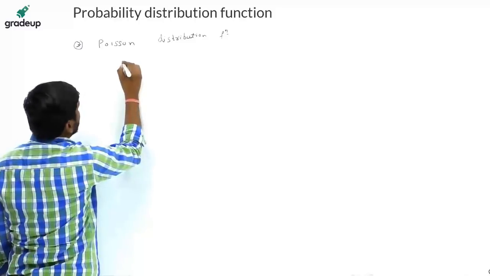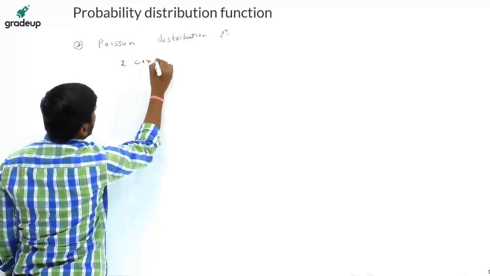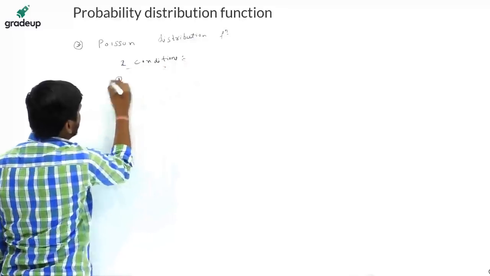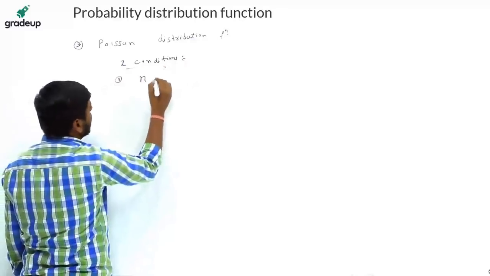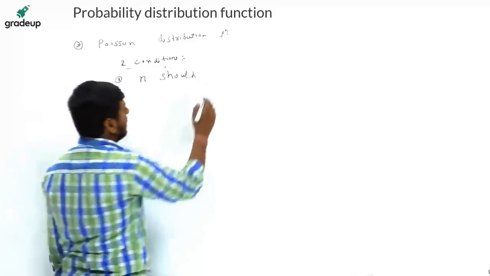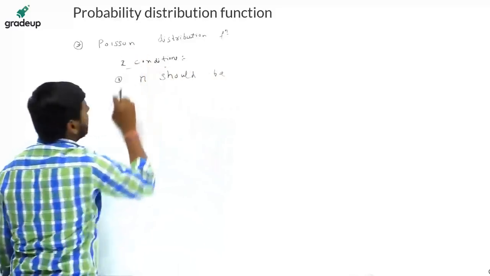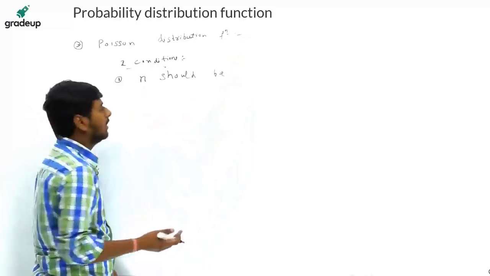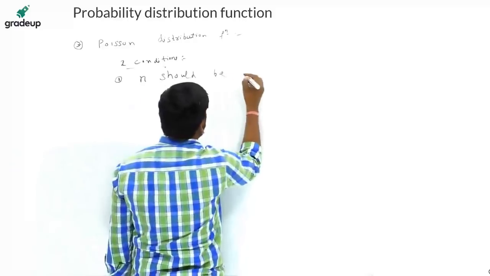There are two conditions. First, n should be very large. N is the total number of items. So if n is in lakhs, then this Poisson distribution function is to be used instead of the binomial distribution function.